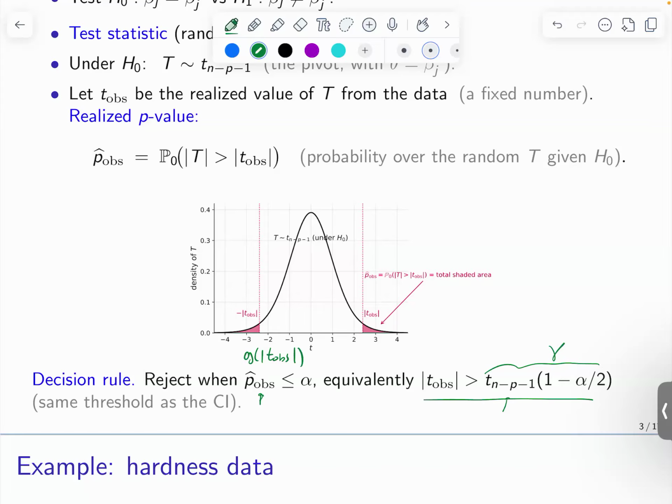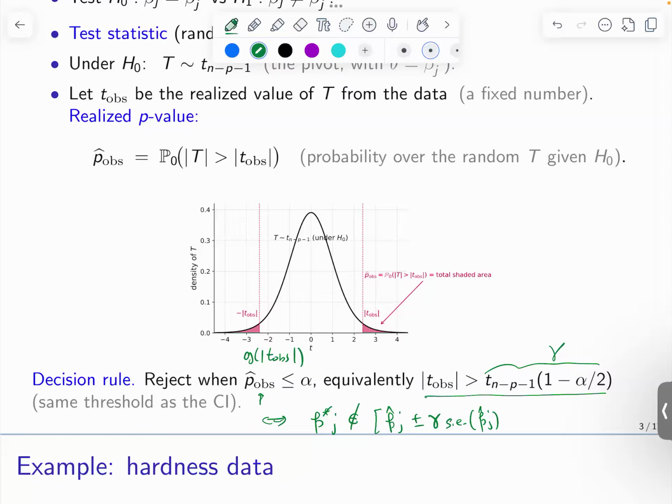And it's also equivalent to testing whether beta star j does not belong to that interval. So you can also argue for yourself that this is really equivalent, by duality. Either one of these would give you the same answer.